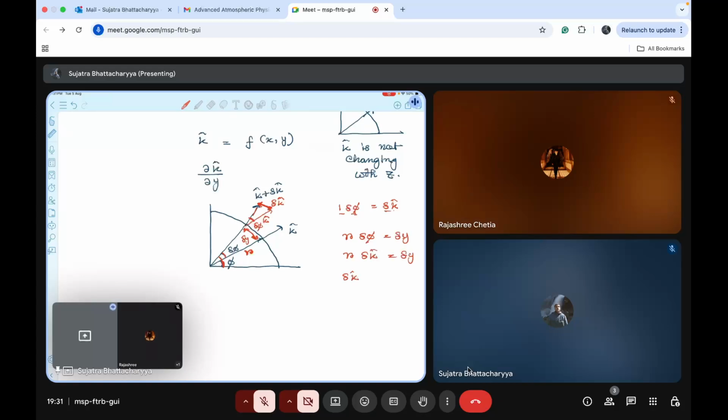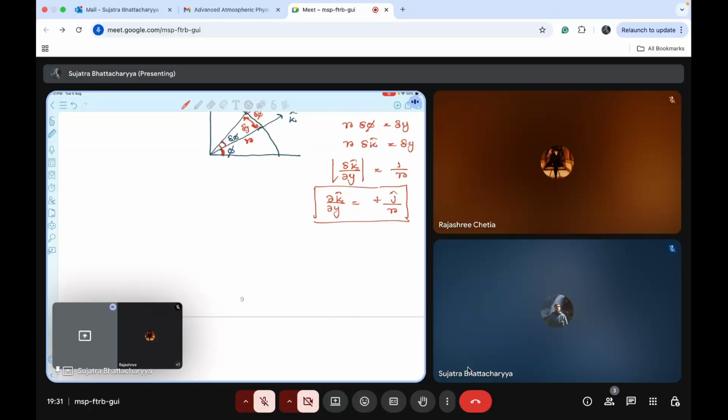So delta k hat by delta y, to check the magnitude, will be 1 by r. But in which direction? Delta k hat's direction is in the positive y direction, which is plus j hat. So delta k hat by delta y is plus j hat by r. That's all. A very easy expression. The next one will be in the x direction. It is somewhat difficult, but let us try.